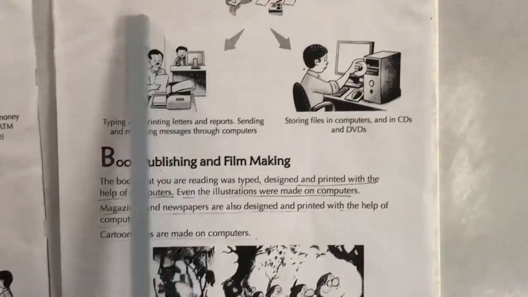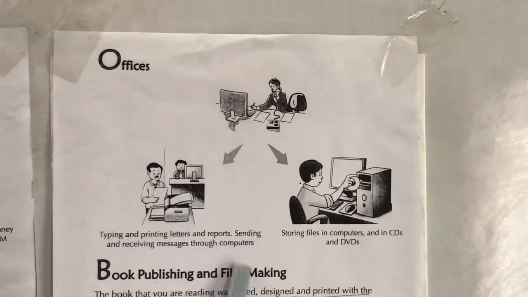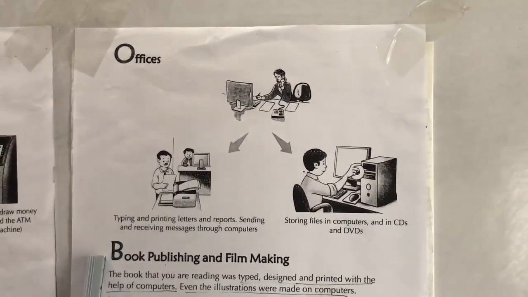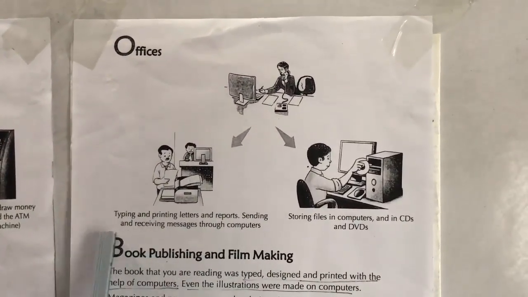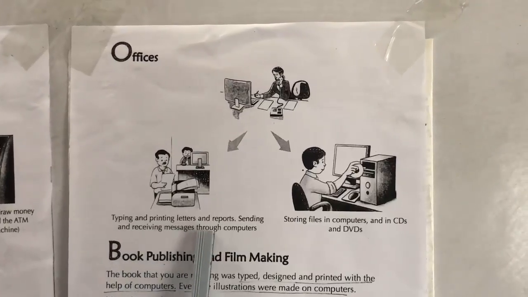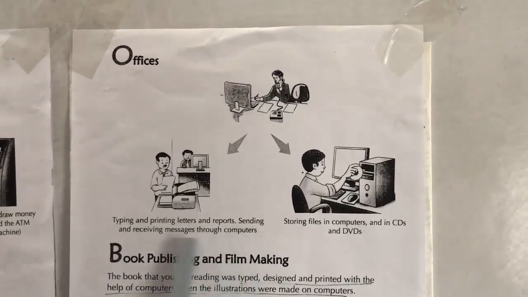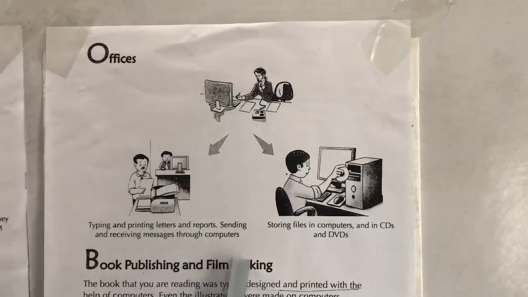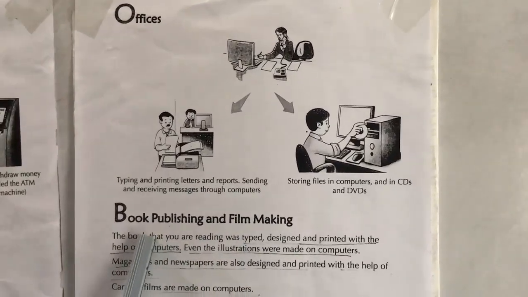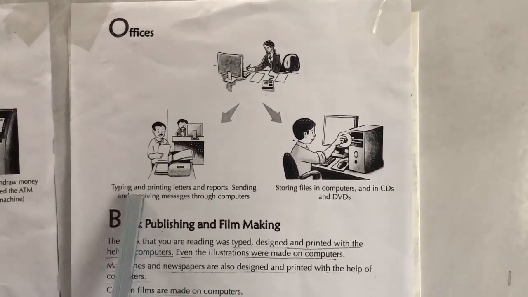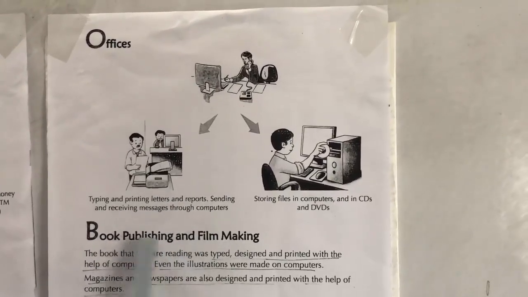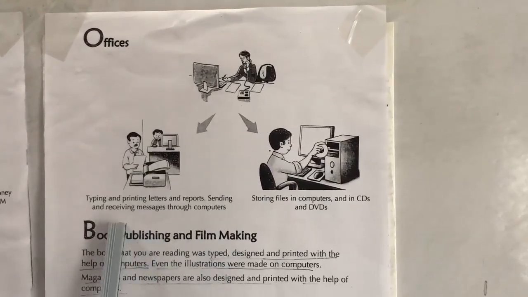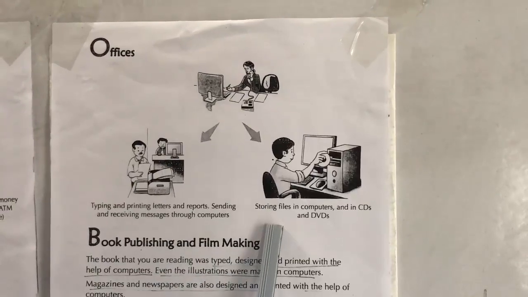We will move to next page, offices. How we use computer in the offices. What are the purposes? Number 1, typing and printing letters and reports. Number 2, sending and receiving messages through computers.